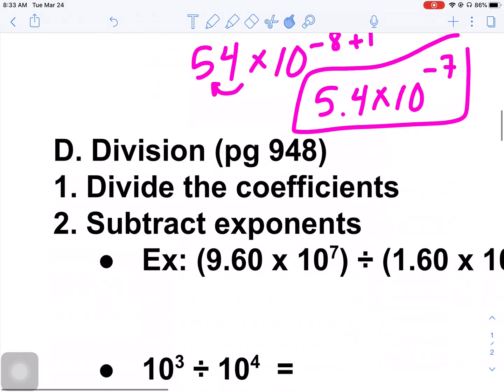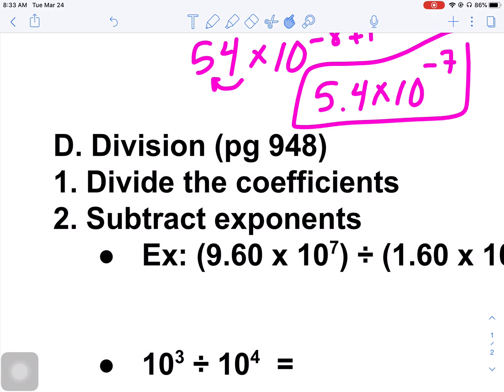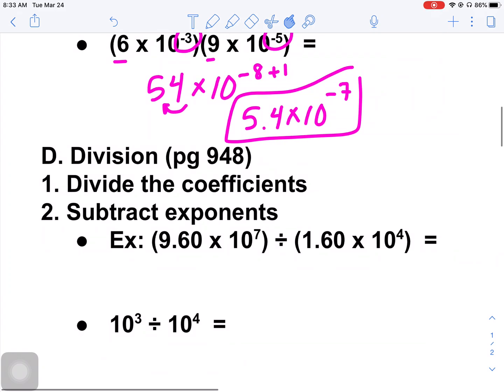So we get to division, and it's exactly the opposite. We are going to divide the coefficients, and then we are going to subtract the exponents. All right, so 9.6 divided by 1.6. I think I'm going to need a calculator for this one, but I can do the exponents in my head.